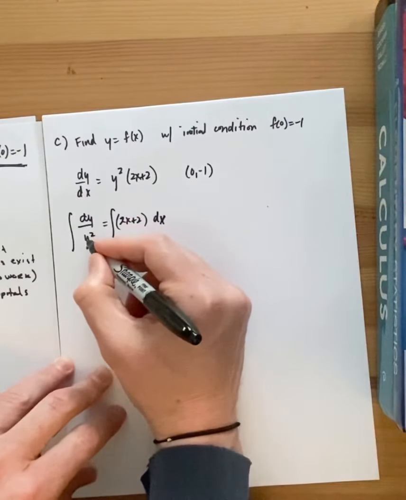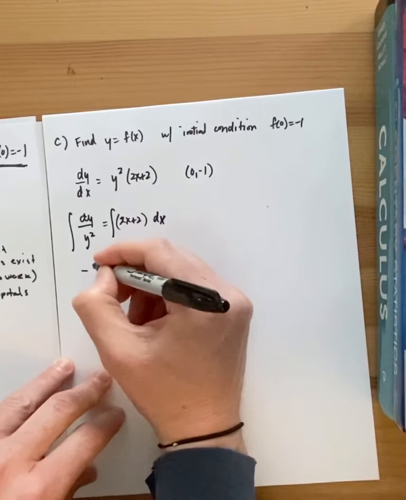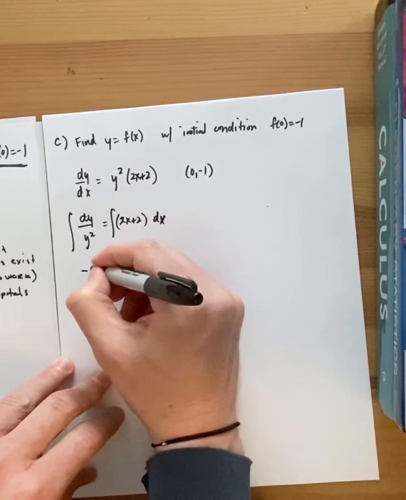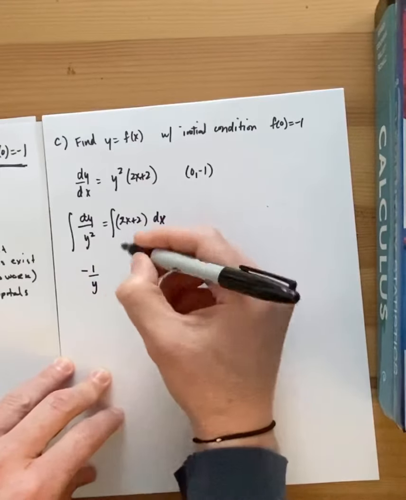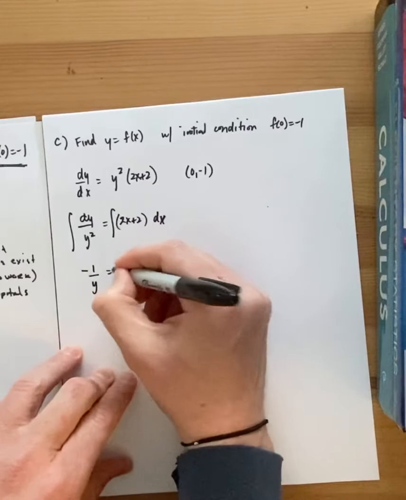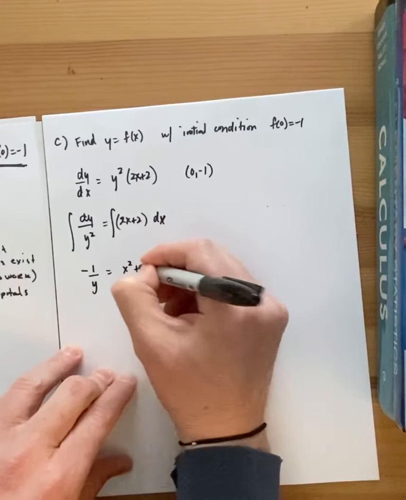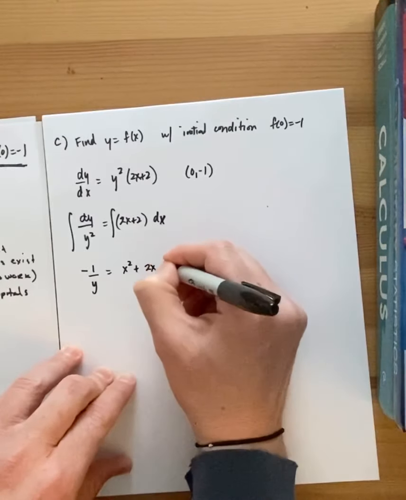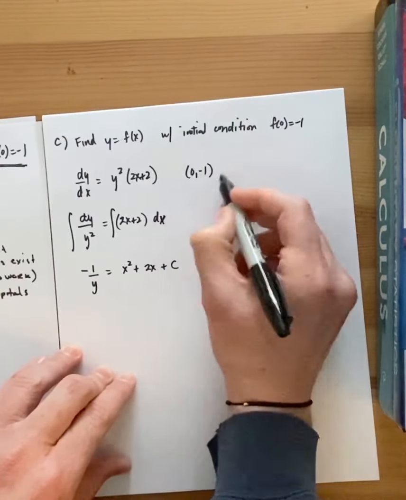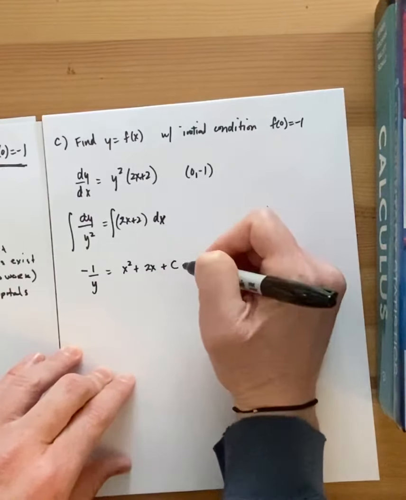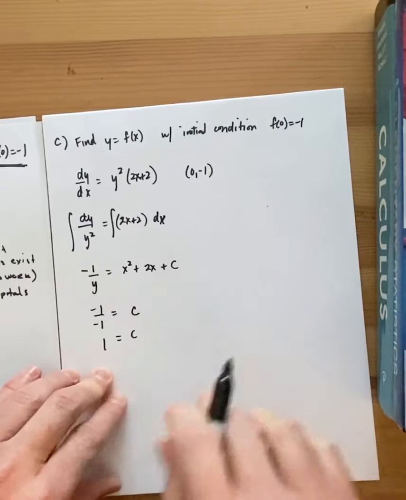Remember, you could write this as y to the -2nd, so you're adding 1, so you should get -1 over y equals x squared plus 2x plus c. Let's use our initial point to find c first. So I have -1 over -1 equals c. So c is going to be 1.